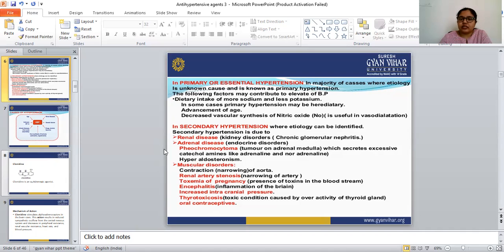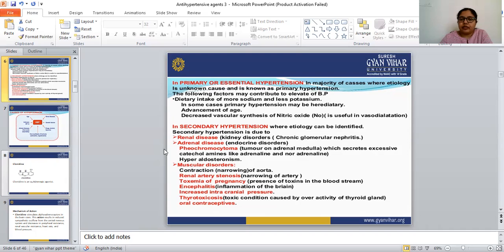Decreased vascular synthesis of nitric oxide is another reason for primary hypertension. So these are some factors that may elevate the blood pressure.